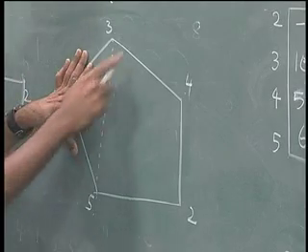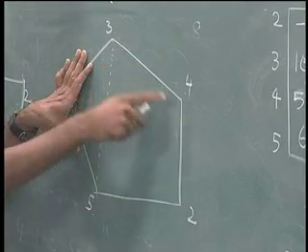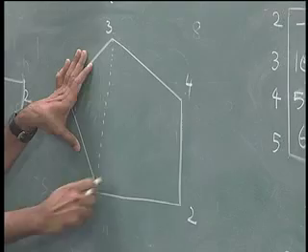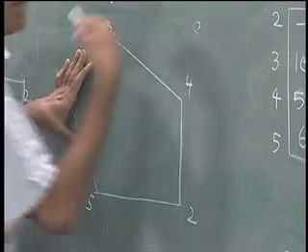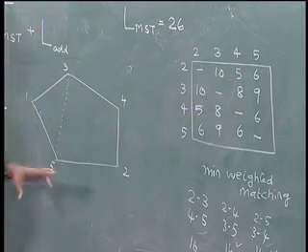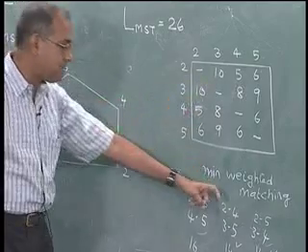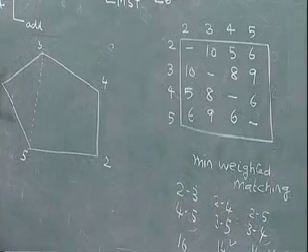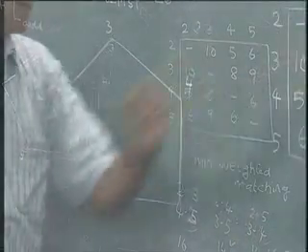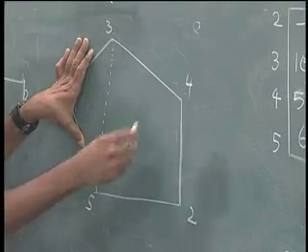Now, for these 4 vertices that we have the matrix here, and we have found out what is called the minimum weighted matching associated with this, which means we have looked at 2, 3, 4, 5.